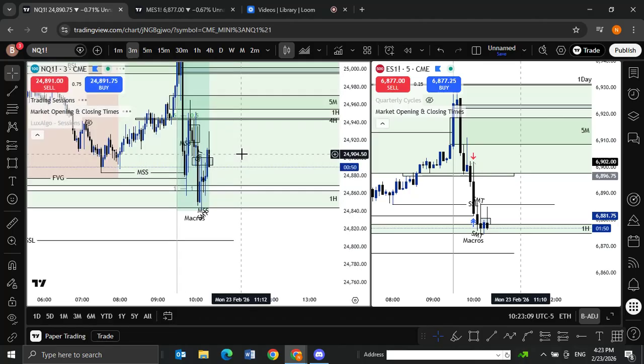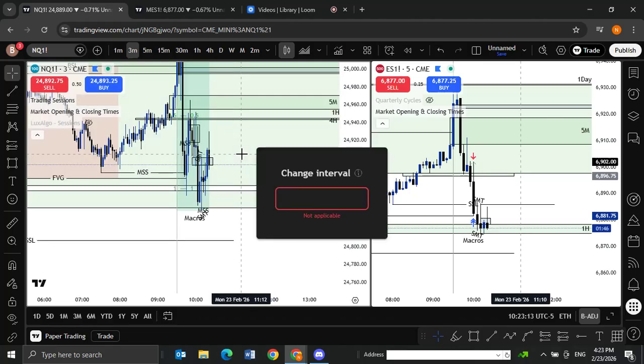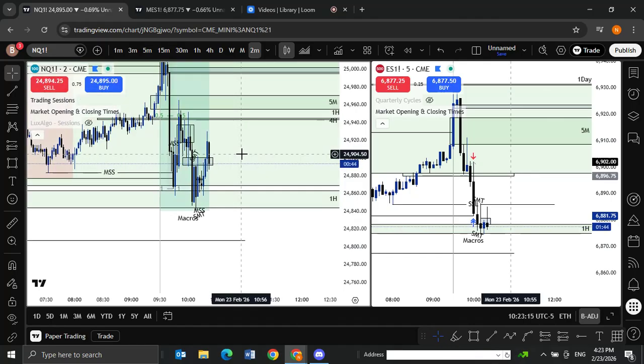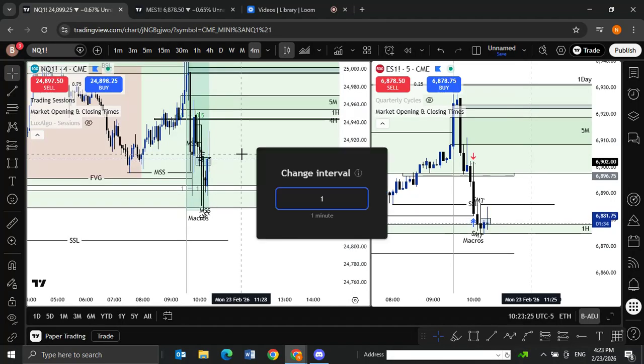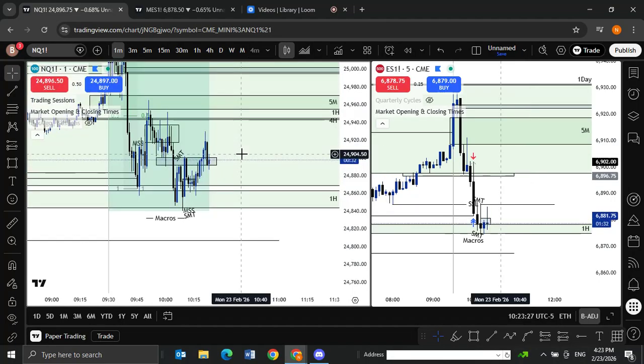This looks like on 3 minutes though. Okay, no fair value gap, sadly. Sadly, we don't have a fair value gap, not on 2 minutes, not on 3 minutes, obviously not on 4. It's not obviously, but it's not on 4 minutes either. Maybe 1 minute. No, not even on 1 minute.